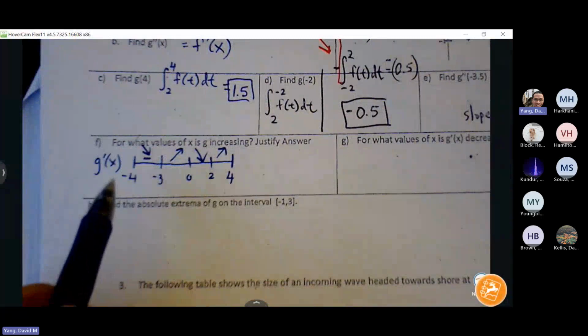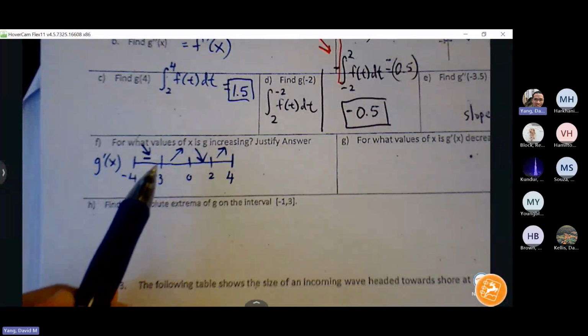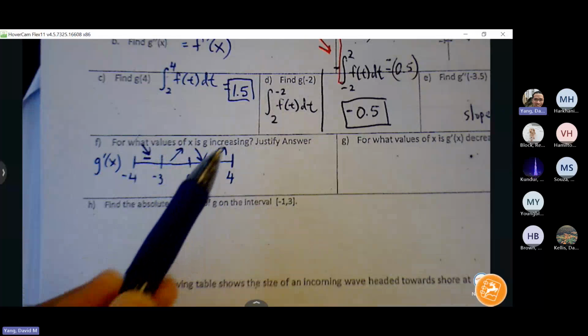So look at the arrows here. The arrow is actually showing us how the actual graph is moving. Okay, so falls, rises, falls, rises.